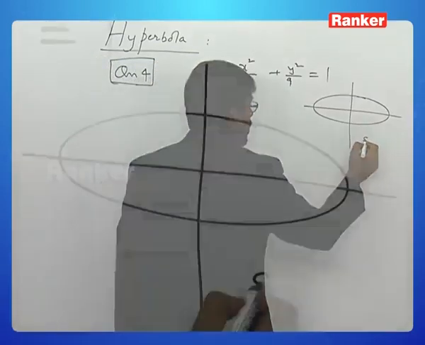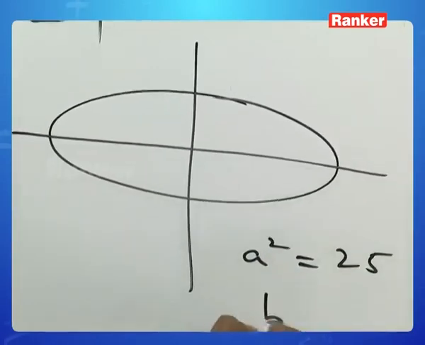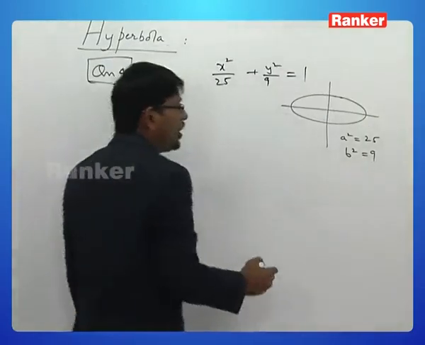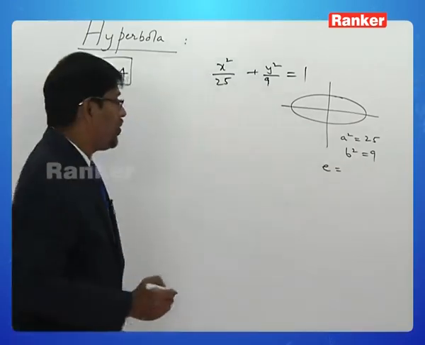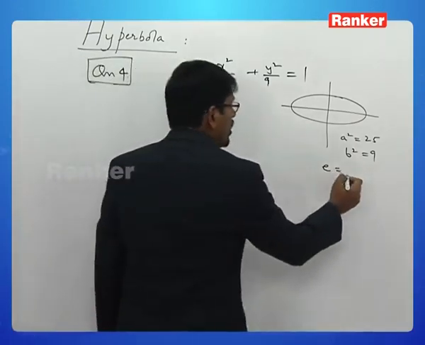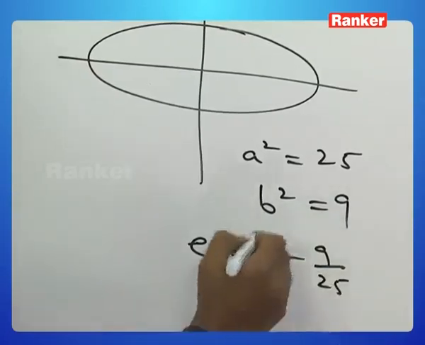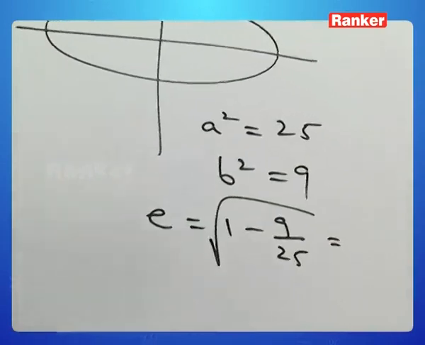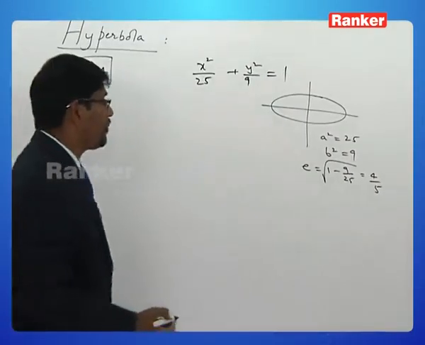A square is 25, B square is 9. Eccentricity here will be the square root of 1 minus b square by a square. That makes it 4 by 5. Eccentricity is 4 by 5.